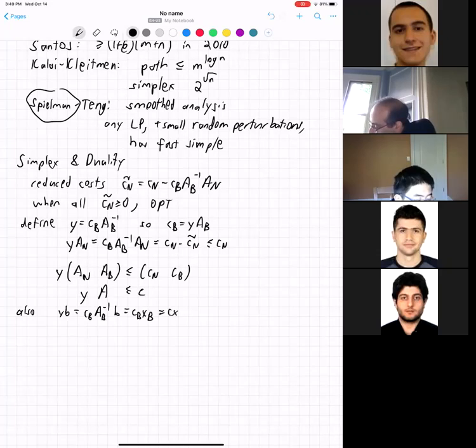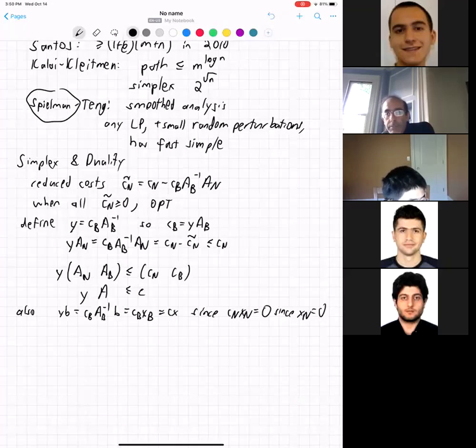And that is equal to cx, since cN xN is equal to 0, since xN is equal to 0. Okay? So in other words, this y that I defined satisfies yA is less than or equal to c, and yb is equal to cx. What does that mean? Optimal for dual. y is a dual optimum.